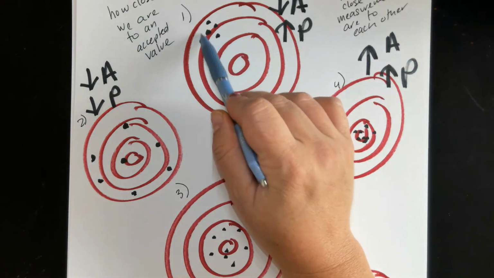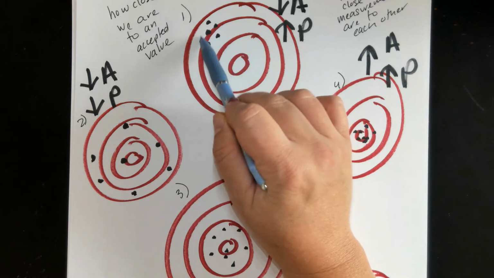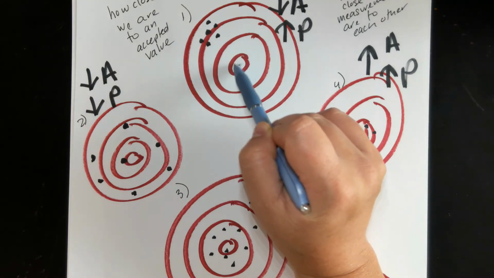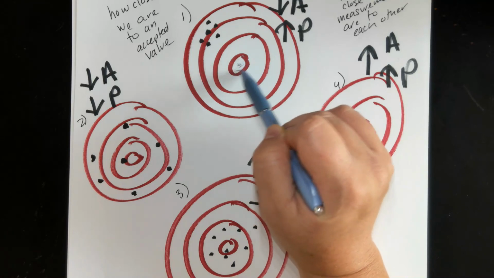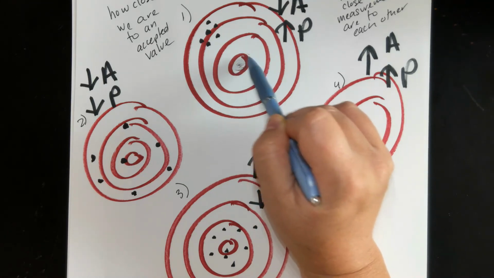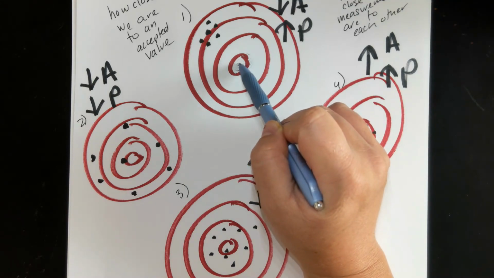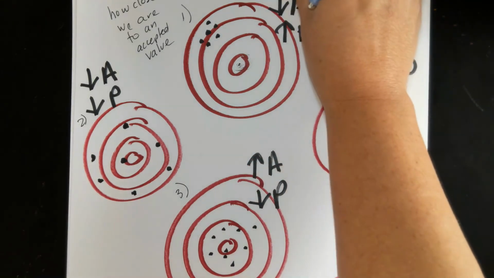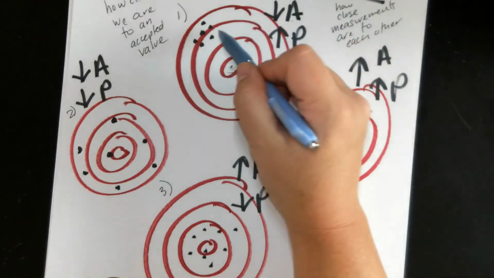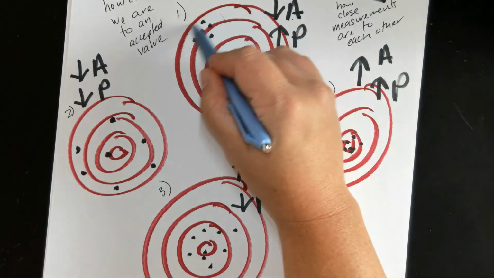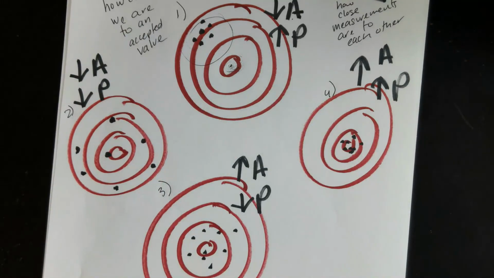Notice all of my dots on my target are really close together, but they're not in the bullseye, because we know with a dart board, the bullseye in the center is the desired place to throw your dart. So we have very low accuracy here because these are not anywhere near that bullseye, but it's very precise because they're all close together.